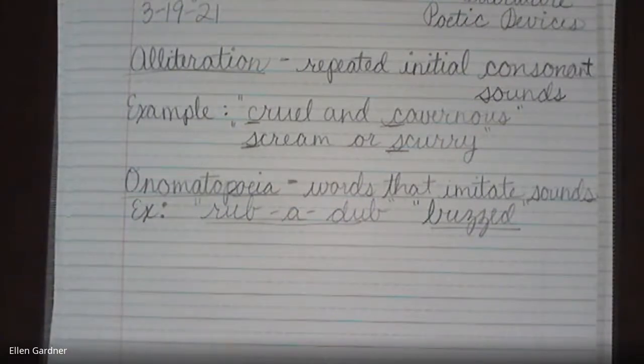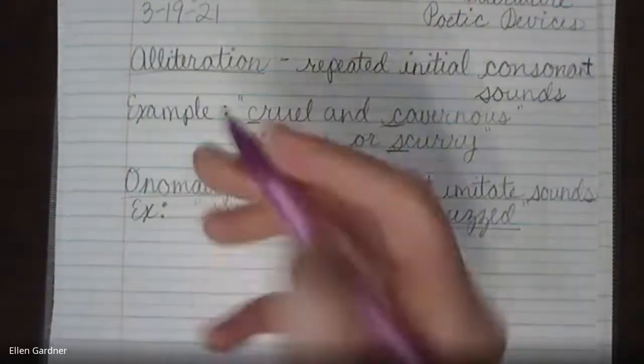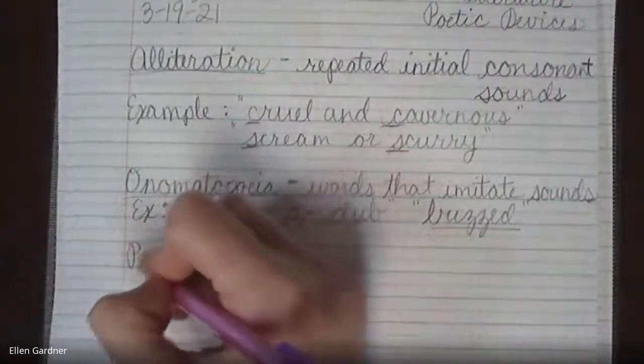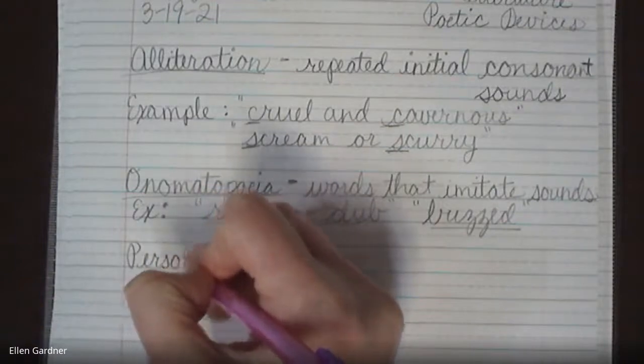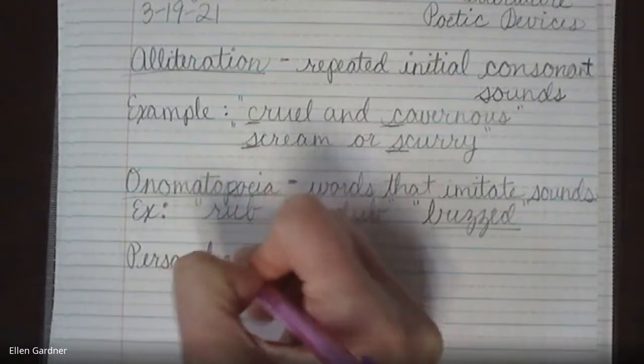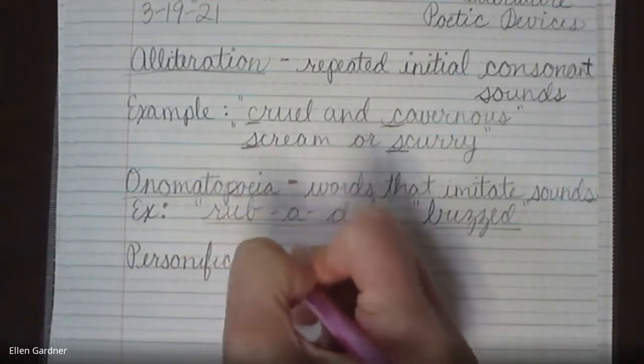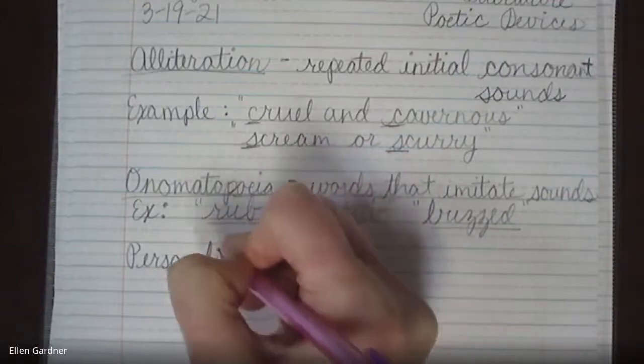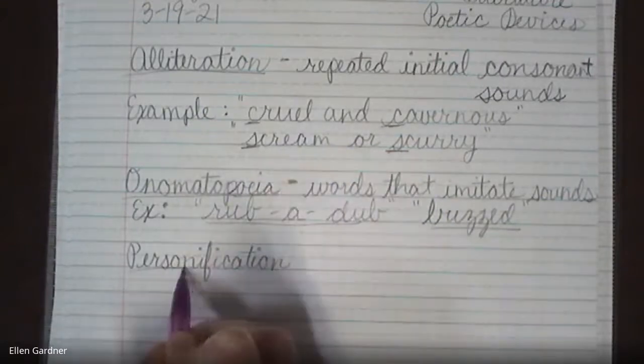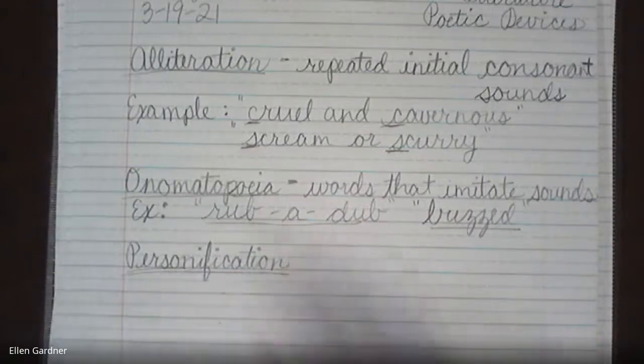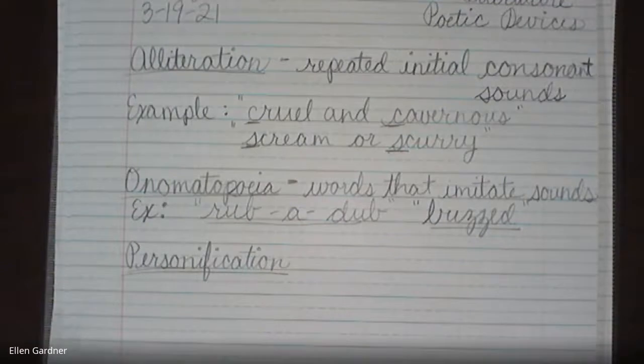Okay, let's do another one that we just talked about recently with the poem Trees. Personification. You guys remember that the word person is in this word. Personification. You can underline that part if you want to. It's something that makes an object seem like a human.